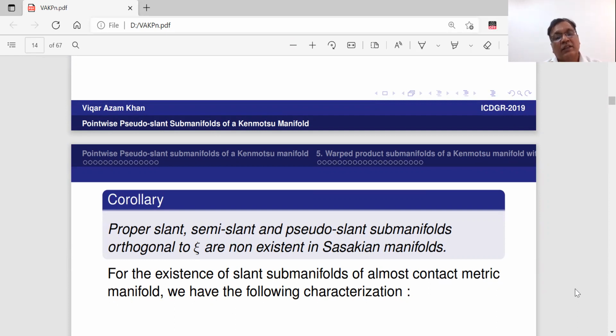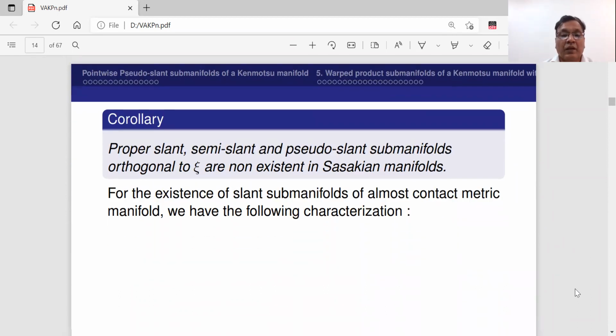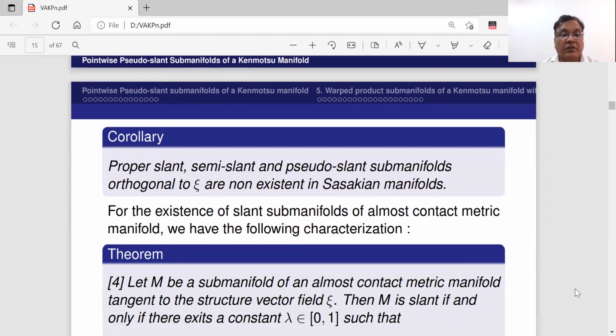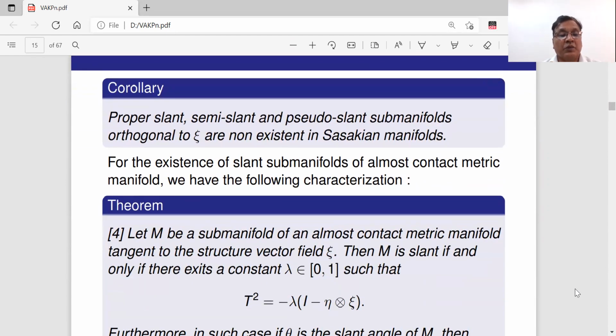One of the classes is a warped product manifold, and this warped product looks like R times_f M. So what we thought over here: why should we not consider warped product submanifolds of a Kenmotsu manifold? Kenmotsu manifolds belong to a different class than the Sasakian manifolds. So these are some of the consequences of well-known theorems.